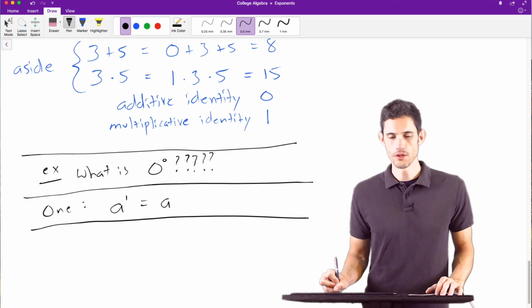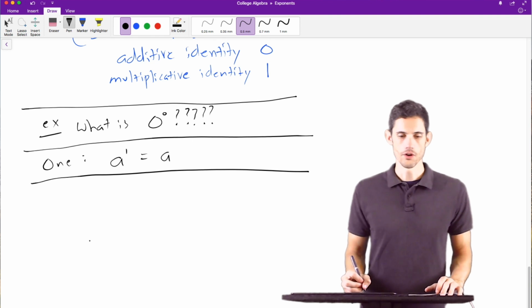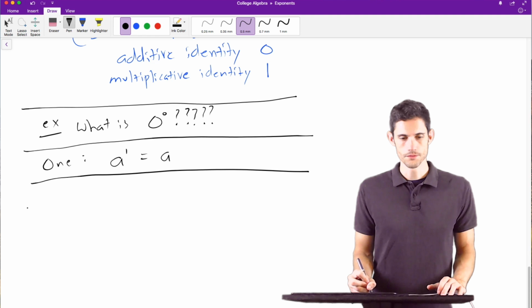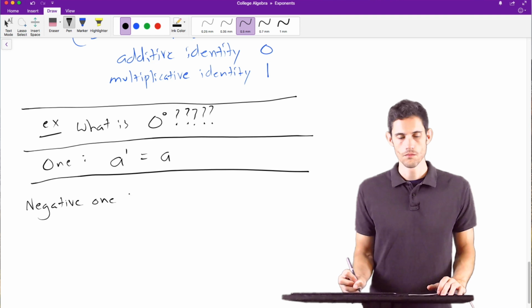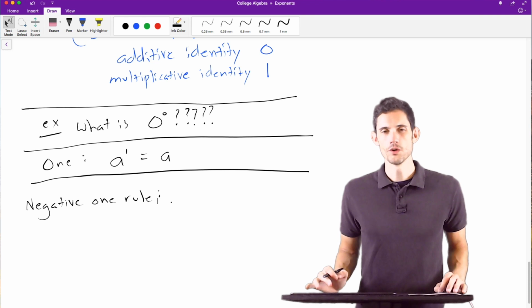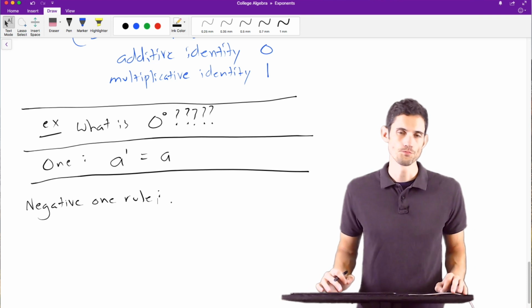And now here's a neat one that you'll probably use in calculus further. This is the -1 rule. The idea here is that if you just have -1 and you multiply it by -1, you'll get a +1.